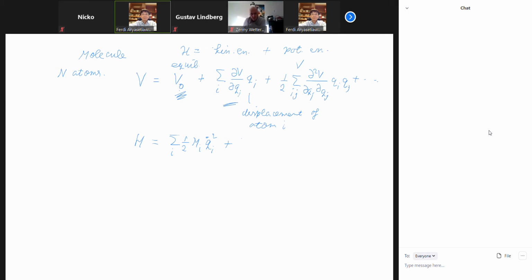And all of these derivatives are calculated at equilibrium. But at equilibrium, the derivative of the potential with respect to the displacement is 0. So then we are just left with the second order.